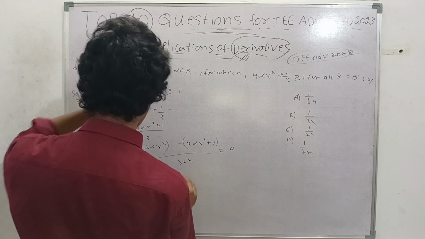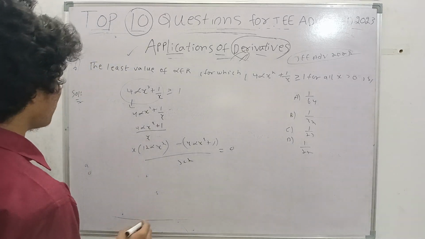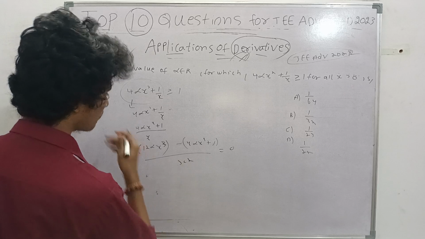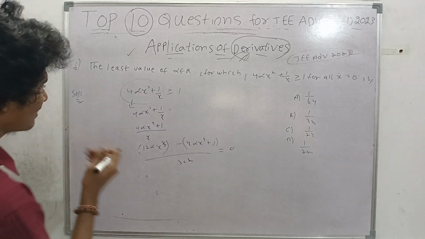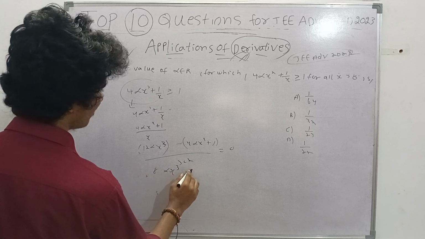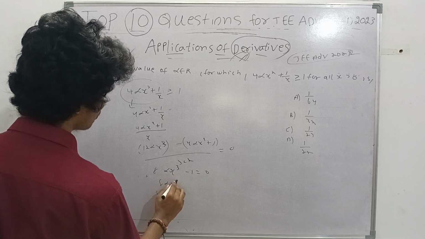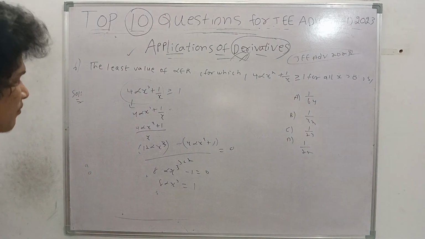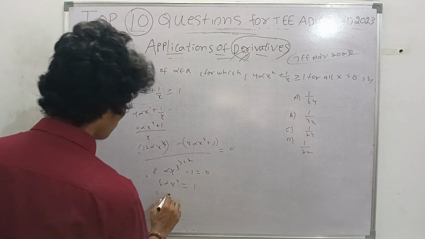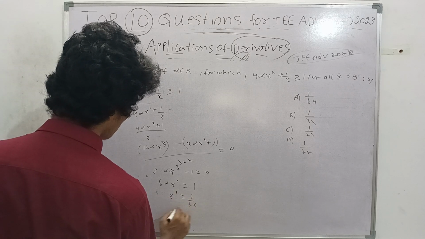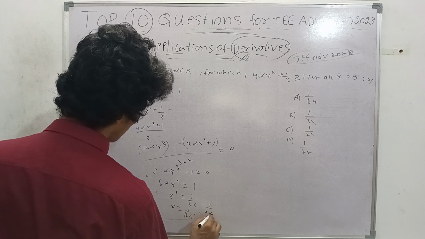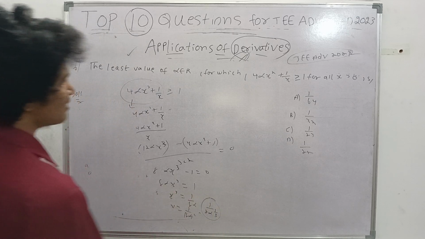And if we keep it as 0, what you will get is 8 alpha x cube minus 1 equal to 0, 8 alpha x cube equal to 1, x cube equal to 1 by 8 alpha, x equal to 1 by 2 alpha power 1 by 3. This is x.